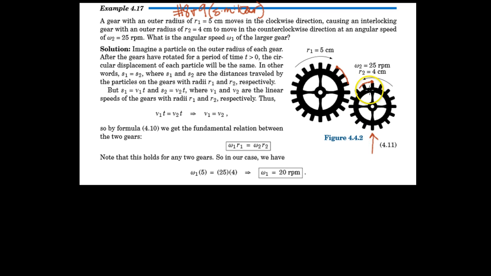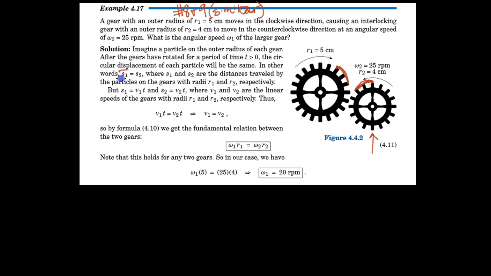So that's the hard part to imagine, that this smaller gear is going to spin and go around more times than the larger gear. But the distance, the outer distance, S, the arc length, is exactly the same after a certain time.